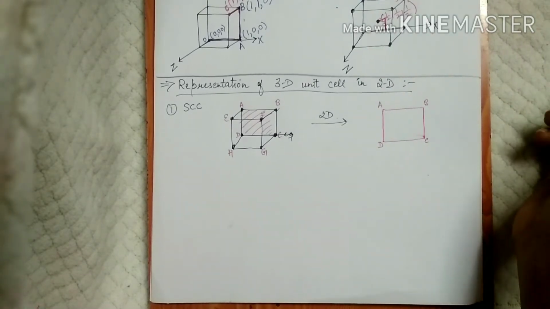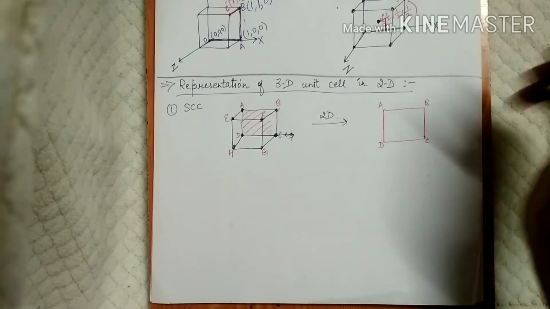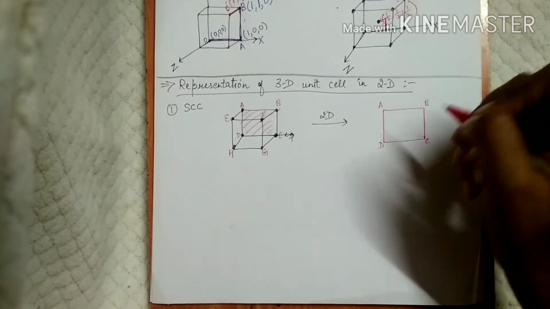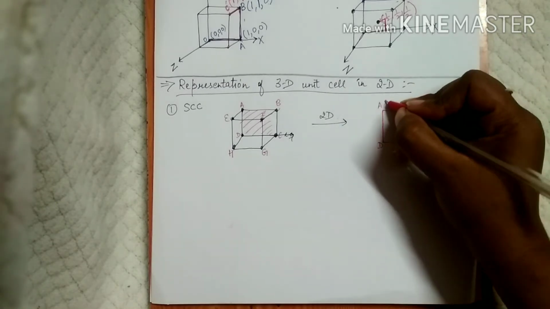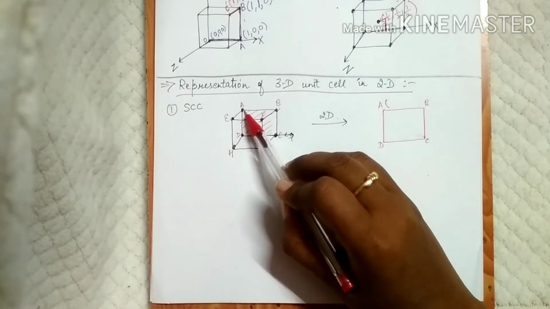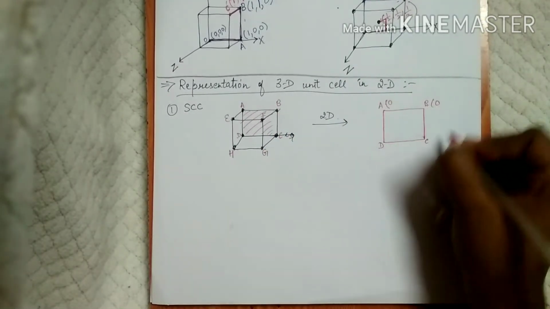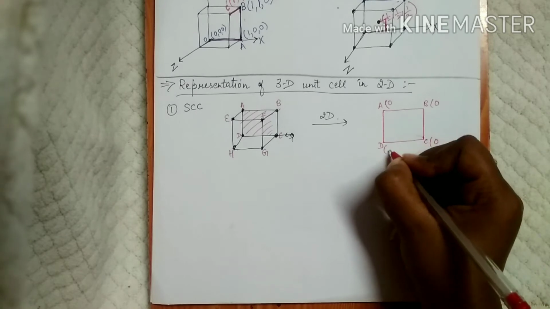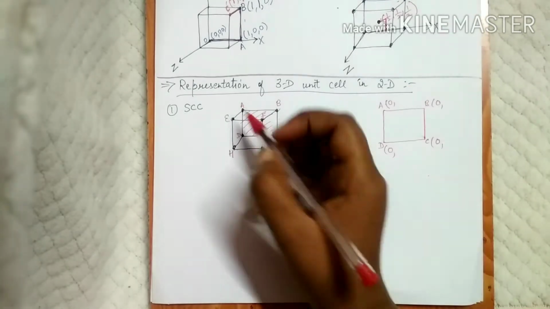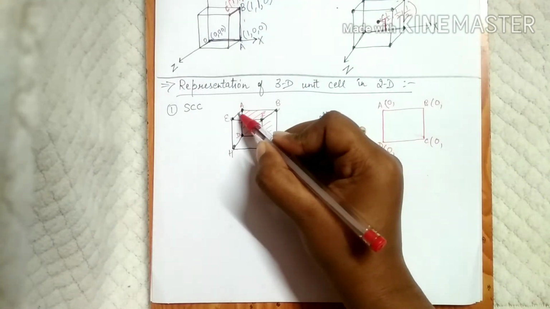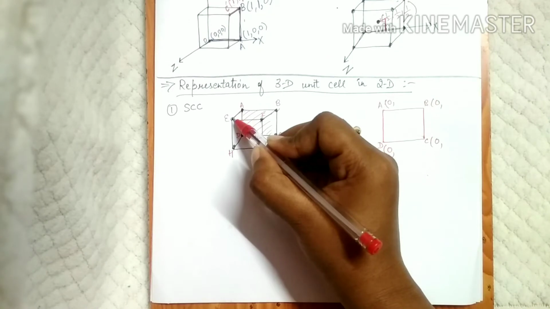Now the atoms which are present on this ABCD face will have the coordinate 0. So the atoms present at points A, B, C and D will be designated as coordinate 0. Now, straight from A you have to look at which position the next atom is coming, at which distance.